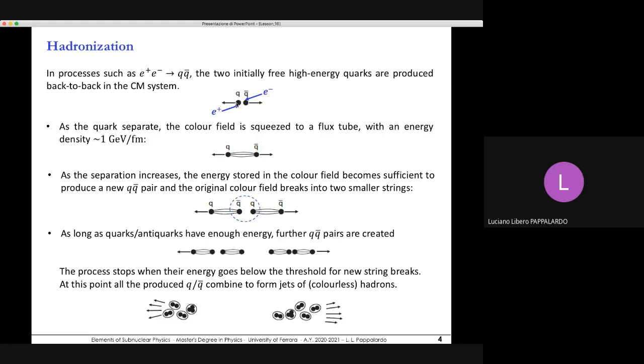So at the end of this hadronization process, okay, which was initiated by two free quarks created in the e+e- collision, one at the end obtains two jets, okay, of colorless hadrons, essentially back-to-back. So they essentially share the same direction of the initial quark-antiquark pair.